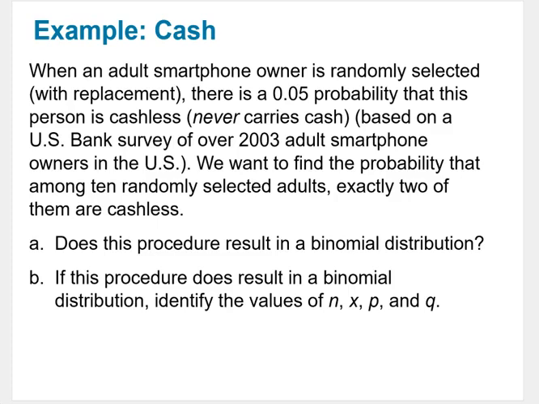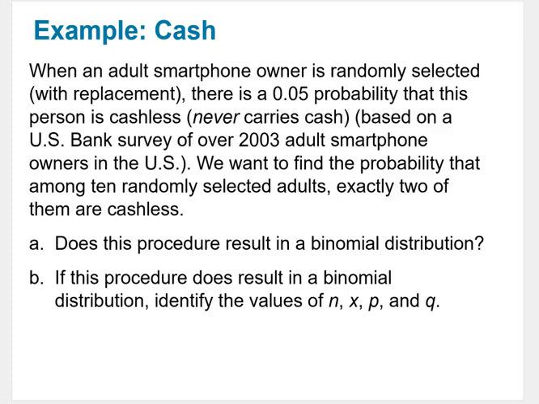All right, so let's start with an example. We're going to talk about cash. For an adult smartphone owner randomly selected with replacement, there is a 0.05 probability that that person is cashless, meaning they do not carry cash. Everything is electronic. I know more and more people are moving towards this.